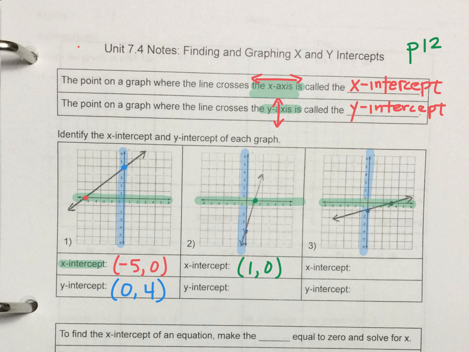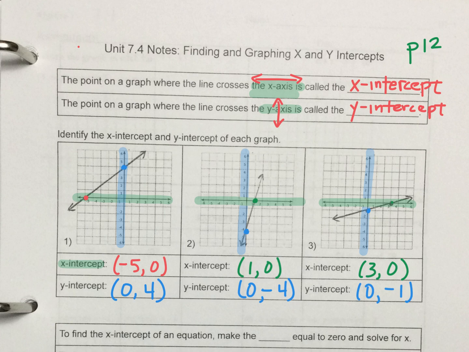And our y is 0, -4. The x in number 3 is 3, 0. And the y is 0, -1. So that's how you find x and y intercept, by just looking at a graph.